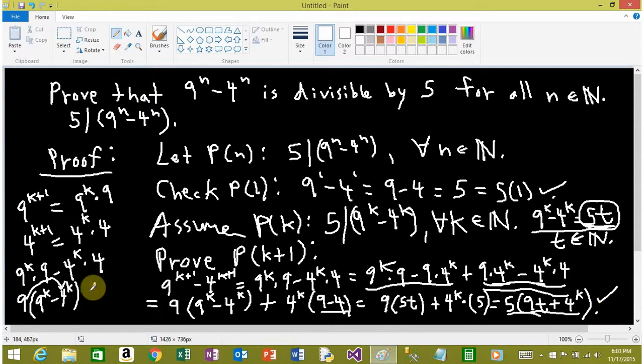So we can say, therefore, P of n is true for all n in the natural numbers. And then in our last proof, we forgot to put a symbol at the end indicating we're done.